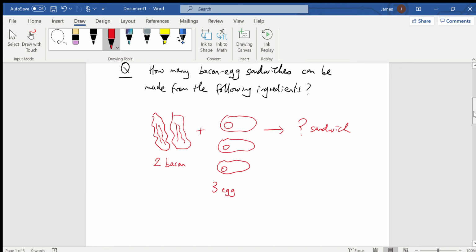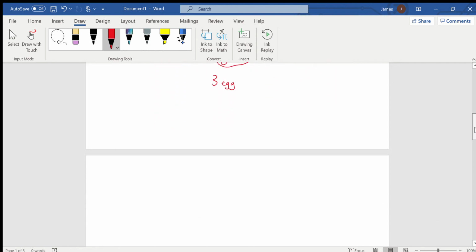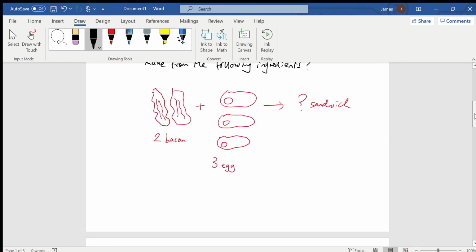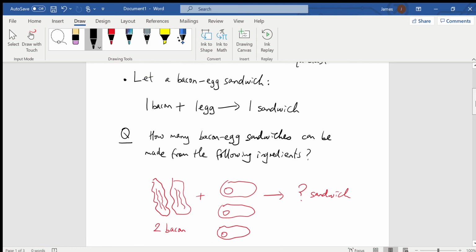So we're going to answer this analogy using the same technique that we will use for our real chemistry questions. So let's put our answer on this page. Just in case you need to look at the question, you can pause the video; I have to remember to freeze what I'm doing so you can take a look. We're going to use our bacon egg sandwich recipe to solve the problem.